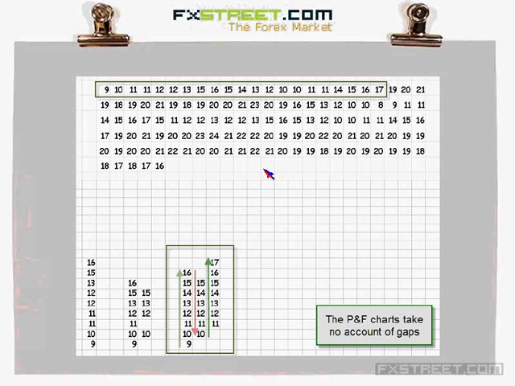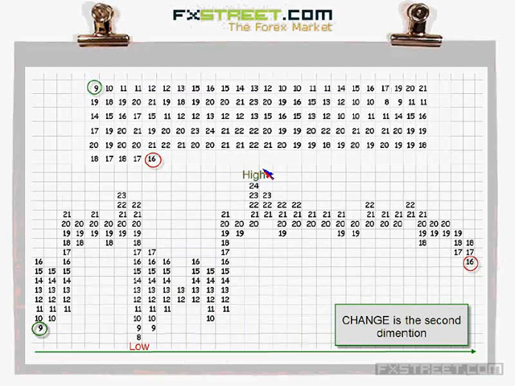All right. So far, is it clear? This is the very beginning of point and figure. So you just have to imagine people writing down those numbers on the back of an envelope and trying to get a picture of what price was doing.